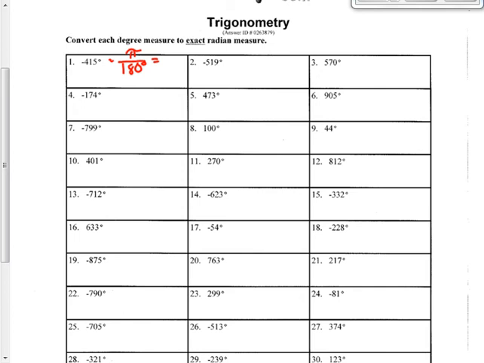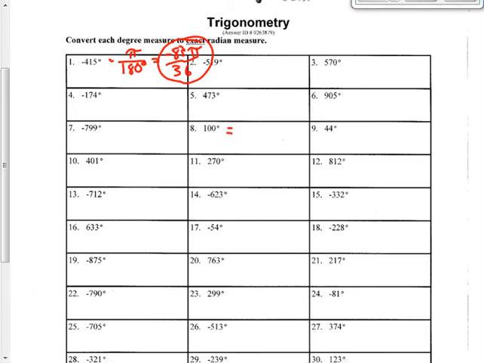You can do that if you have a TI-83 or 84 by doing math and then enter. Math enter will get you the fraction here. So I have negative 83 over 36 for the fraction part, and then the pi is still on top, so this is the exact radian measure. It doesn't say it has to be positive, so just go ahead and leave it like that.